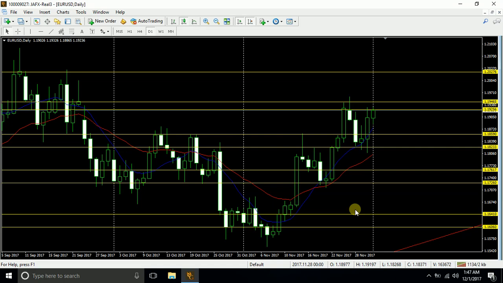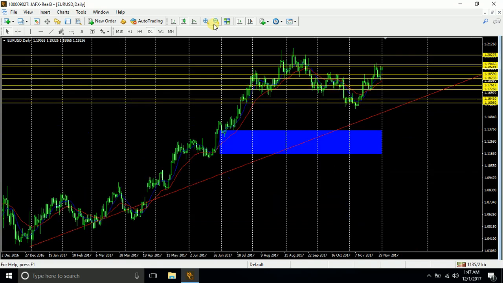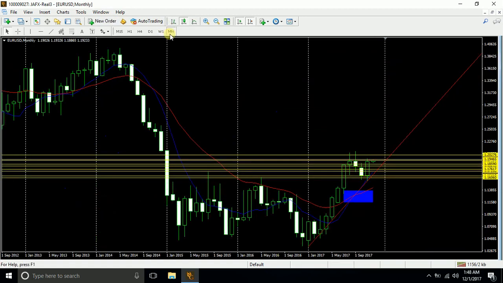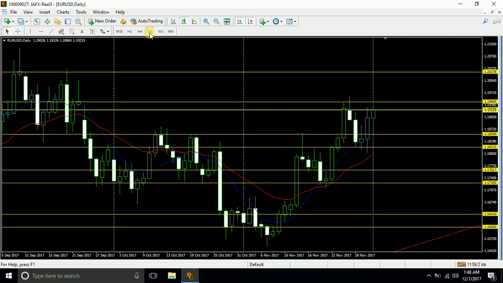Now looking at this chart, we can see that we're reaching a level here at the 19256. Not on the daily, but this was drawn on either the weekly or the monthly, or both. So we're at a level of resistance.